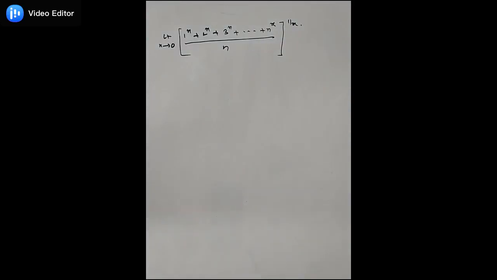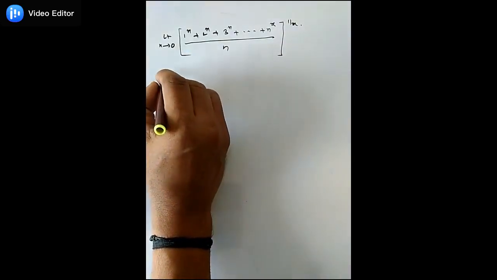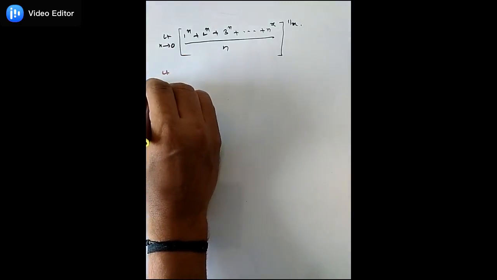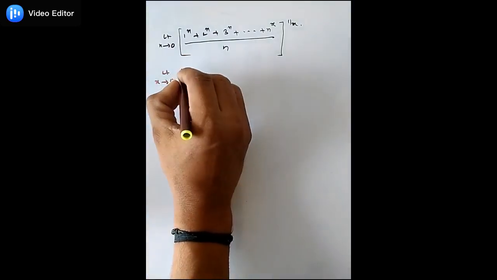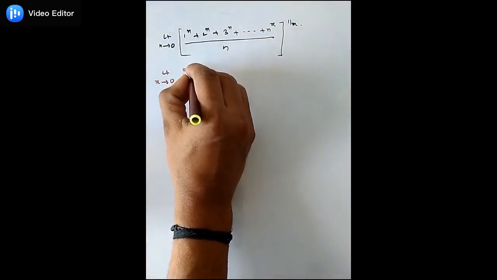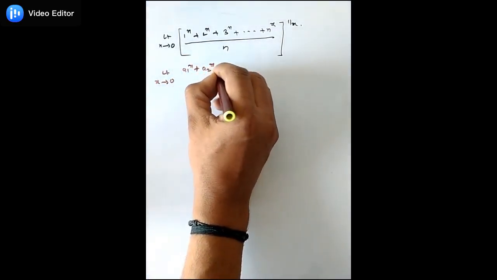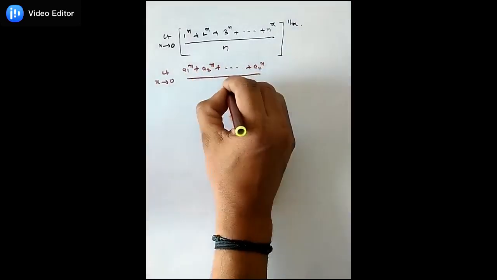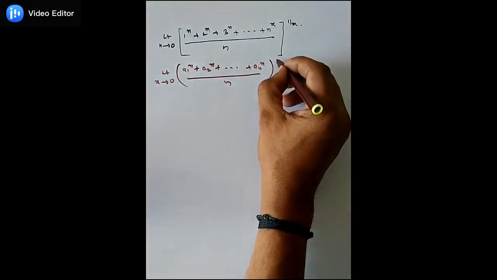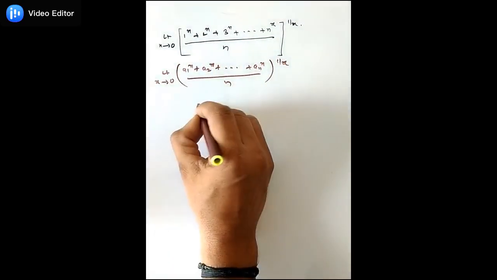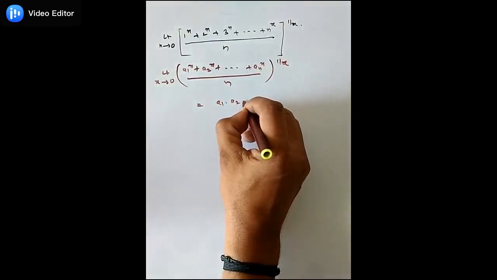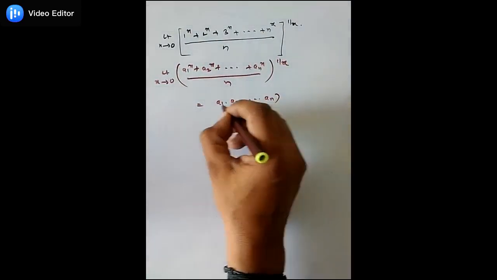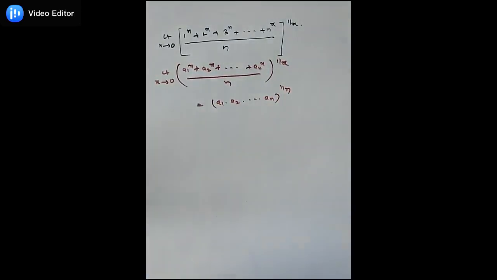To find the limit of this, use the formula: limit as x tends to 0 of (a1^x + a2^x + and so on + an^x) / n, whole to the power 1/x, is equal to (a1 · a2 · and so on · an) to the power 1/n.